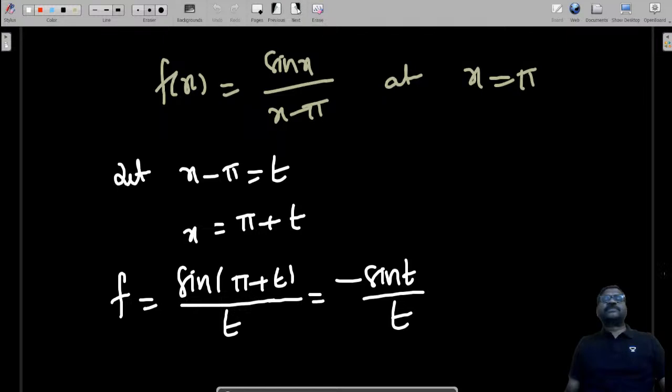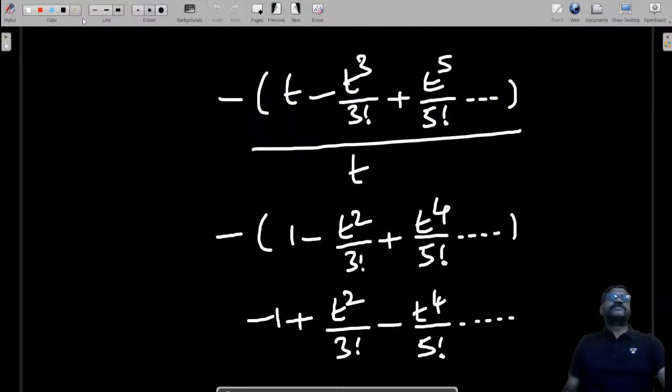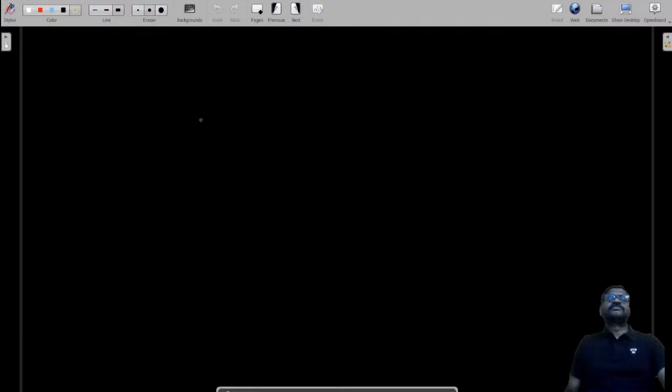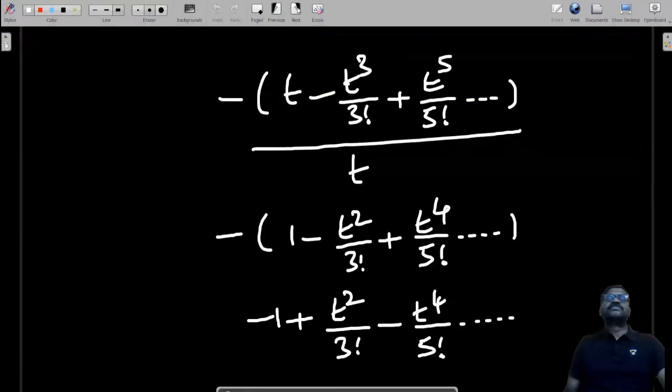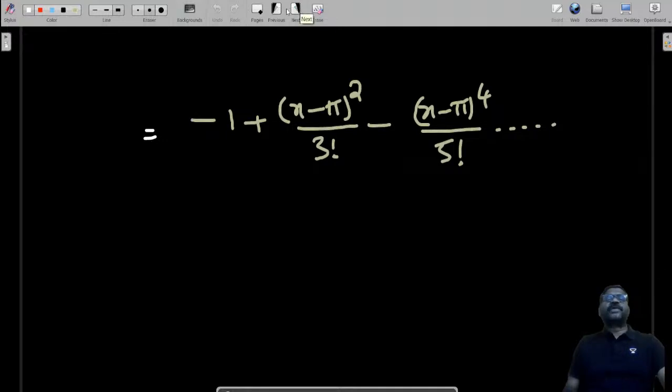In the place of t substitute x minus pi, that is minus 1 plus x minus pi whole square by 3 factorial minus x minus pi whole power 4 by 5 factorial and so on. So minus, plus.